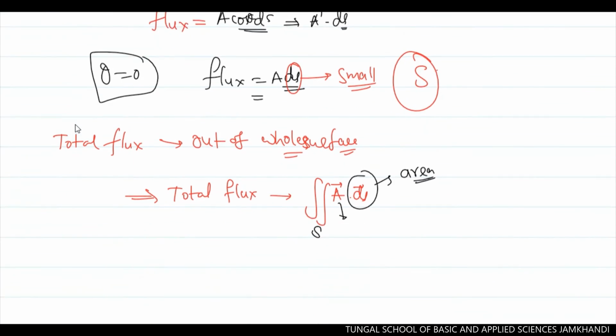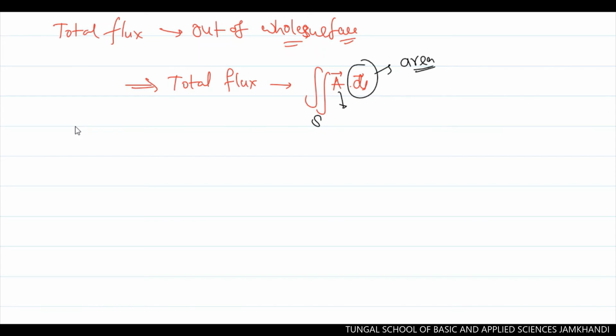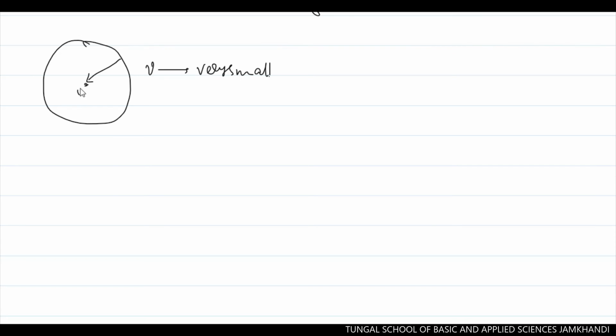But as I have defined this as a spherical surface, if this round surface shrinks to a small area, if the volume V is very small, then this physical quantity, that A vector, will look like it is coming out of a particular point.